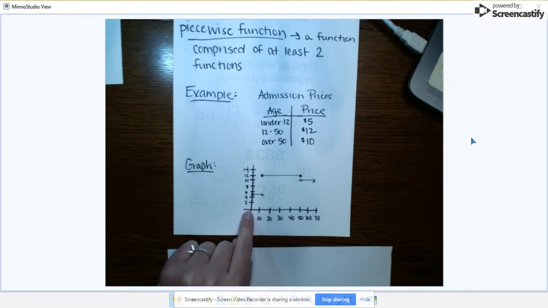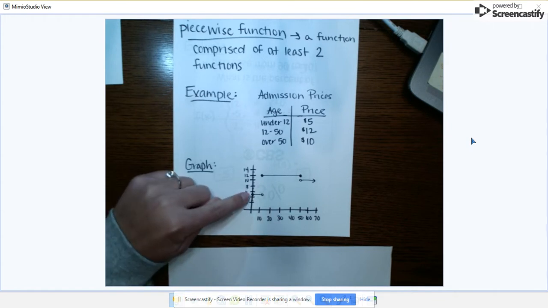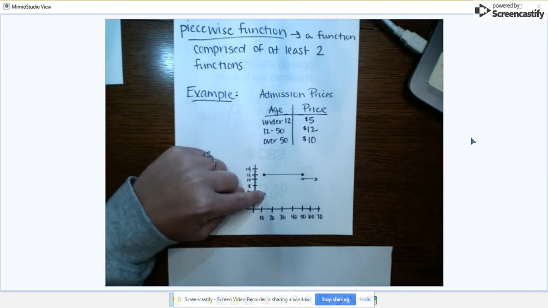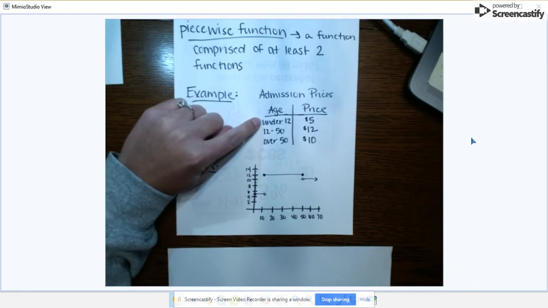But anywhere between 0 and 12, our price is $5. So I make a line segment from 0 to 12 on my x-axis, and my y-axis is at 5. That first piece right here takes care of the top row.